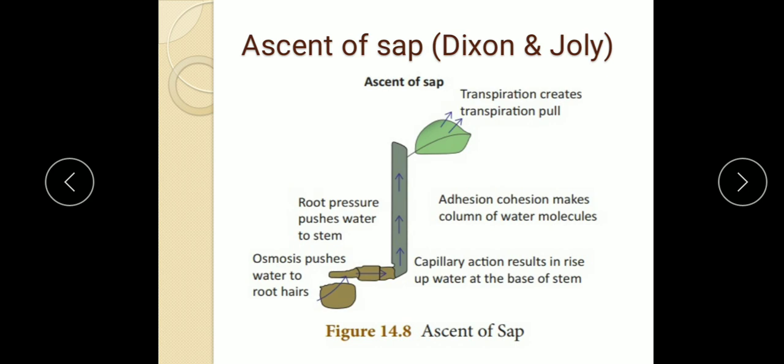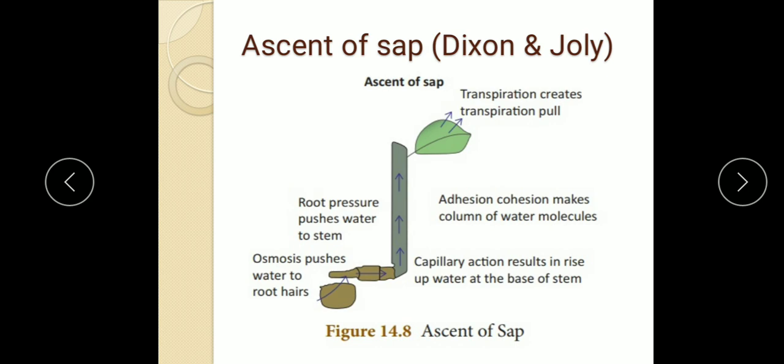So you underline all the key points given in your book, like ascent of sap: the upward movement of water and minerals from the roots to the aerial parts of the plant against gravitation force is called ascent of sap. And what is cell sap?